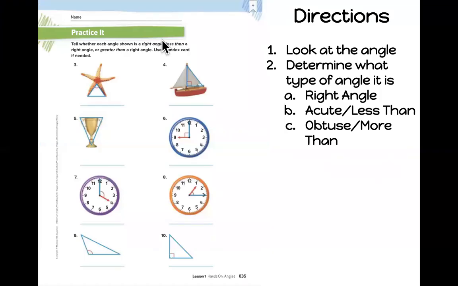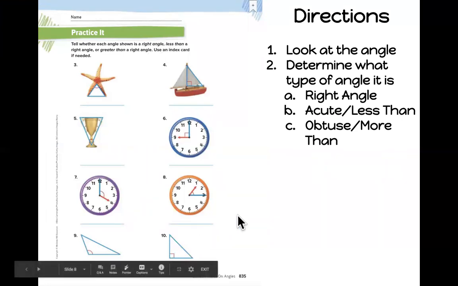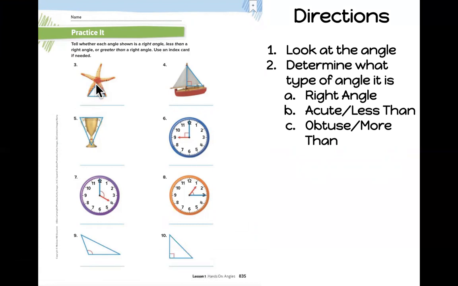So your assignment is to do this page, and it is on the website. You need to look at the angles. You see that there is a triangle drawn on some of the shapes, or the clocks. You have to look at the hands on the clock and think, is this a right angle?